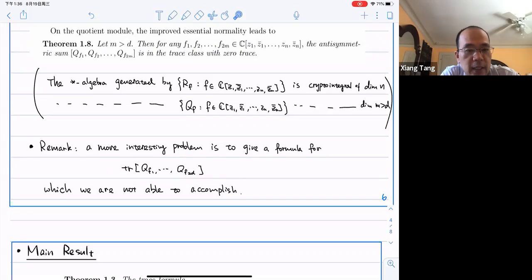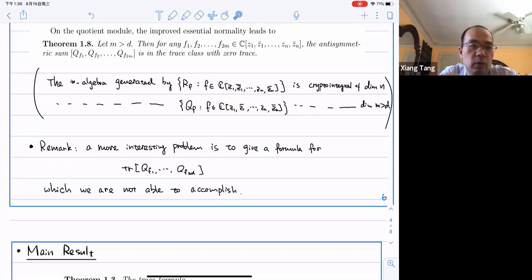One idea is if we can identify the K-homology class, and you know the Helton-Howe trace is the top degree component of the Chern character for the cyclic cohomology of the K-homology.